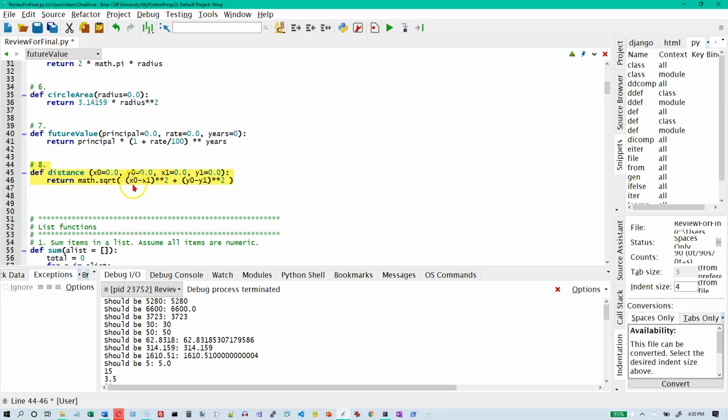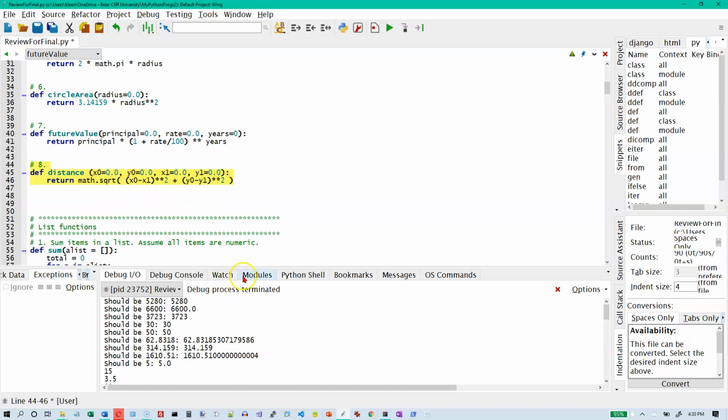So the Pythagorean Theorem says take these two and find the difference. It doesn't matter which one we do because we're going to square it, which will always give us a positive number. Do the same thing for y, and we'll square that. Add them together and take the square root, which is in the math library.